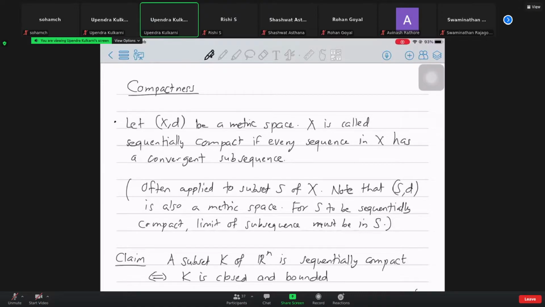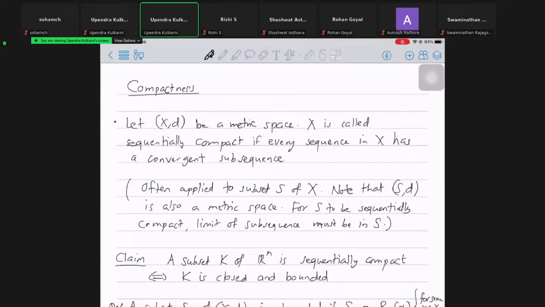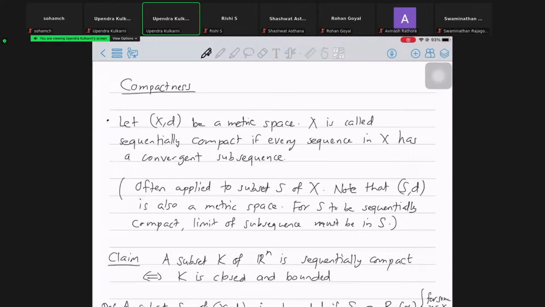You saw it, after all, for real numbers last semester. Now, it is a general fact that for a metric space, sequentially compact and compact are synonymous. So if we take that for granted, then the claim that I have written over here follows if I drop the word sequential.